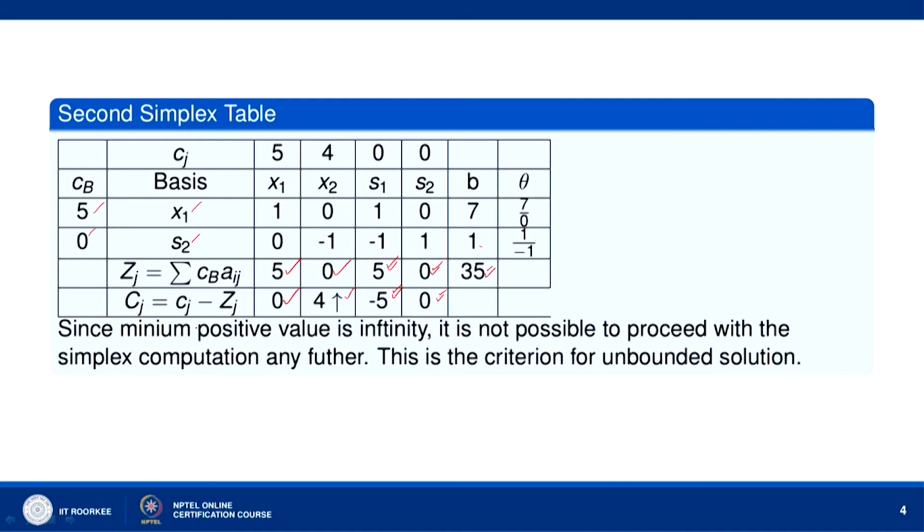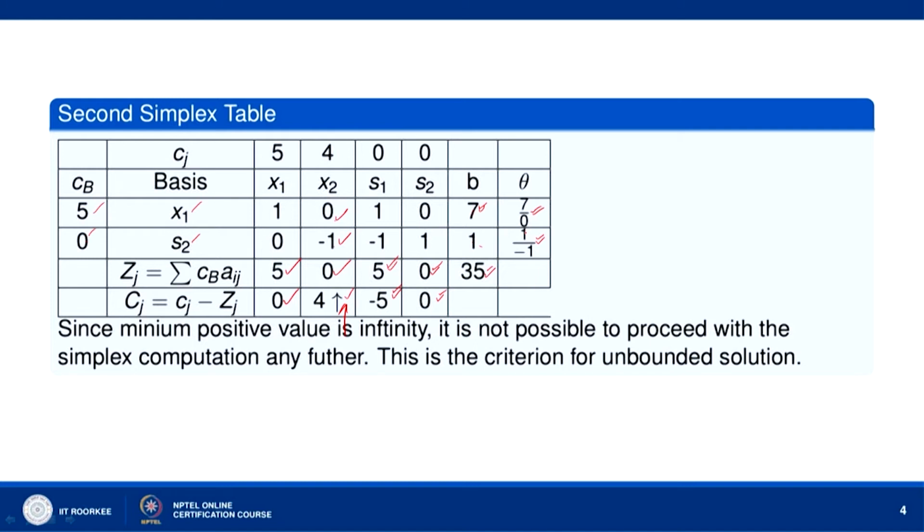Okay. Now, we have to see that Cj is positive in the column j equal to 2. So, this is our key column. The elements of the key column are 0, minus 1. We will divide the corresponding elements in the B column. So, 7 divided by 0, then 1 divided by minus 1, we get this.